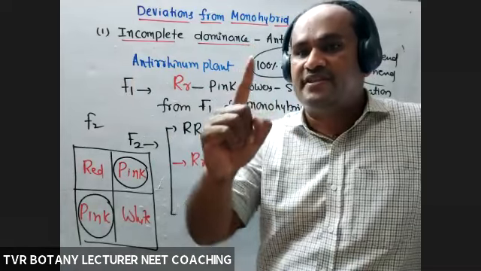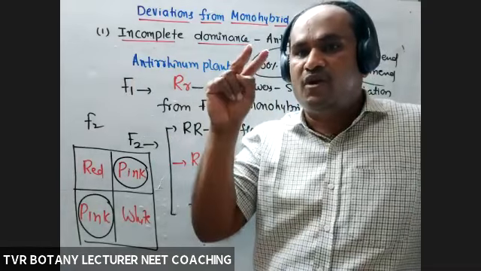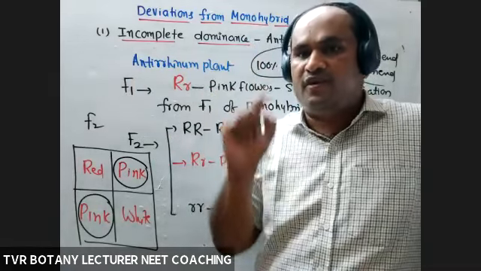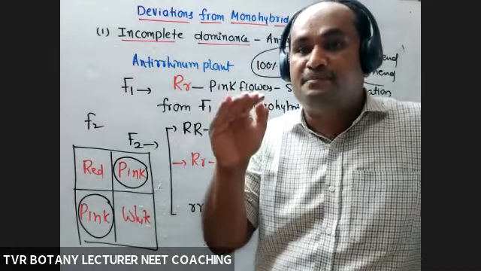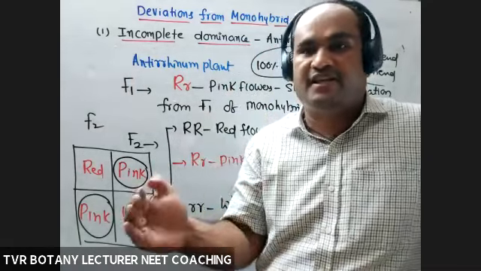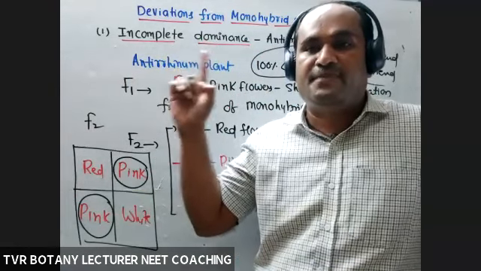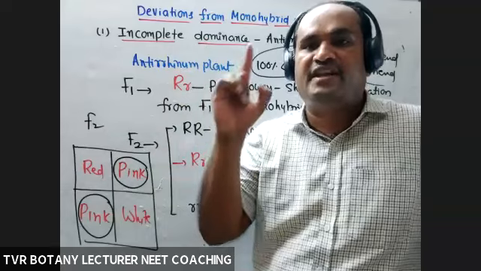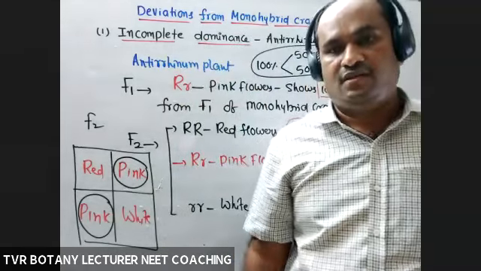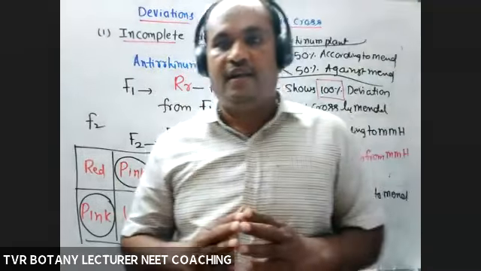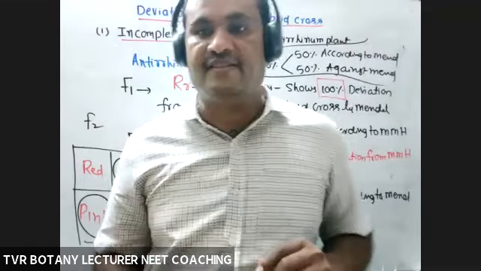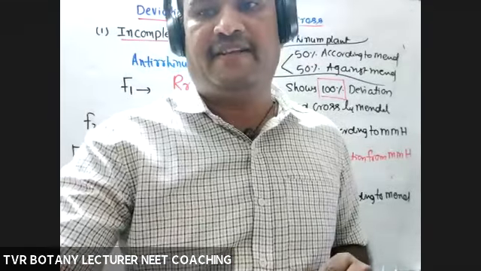So when capital R is associated with small r on the homologous region of that homologous pair, capital R is incompletely expressed, not completely. So that's why the color of the flower is pink, phenotypic deviation, that is a phenotypic recombinant. So that is about incomplete dominance in the case of the Antirrhinum plant.